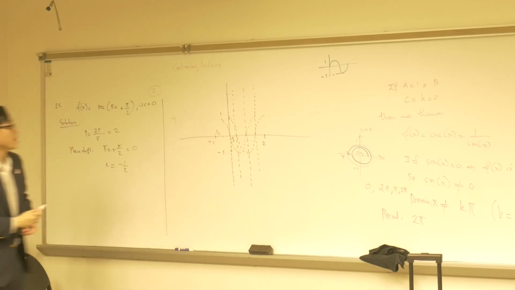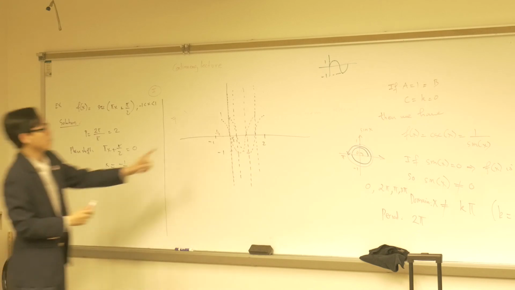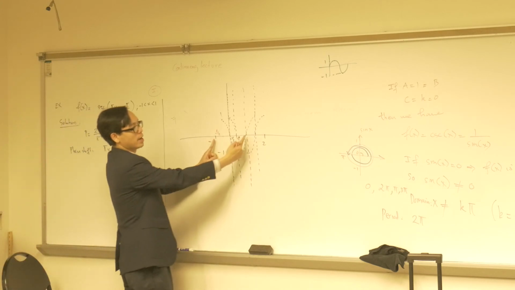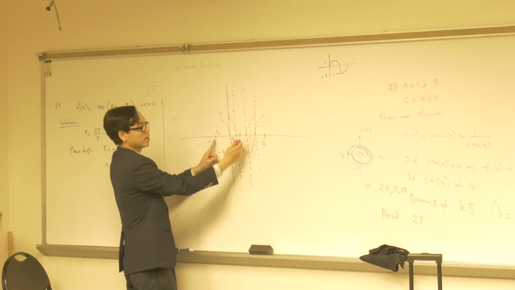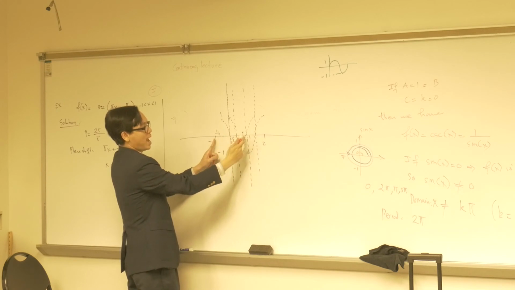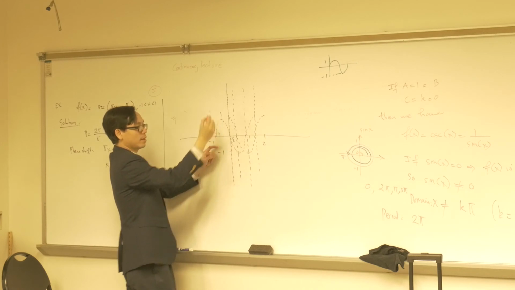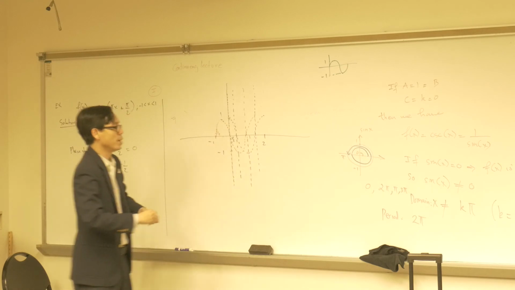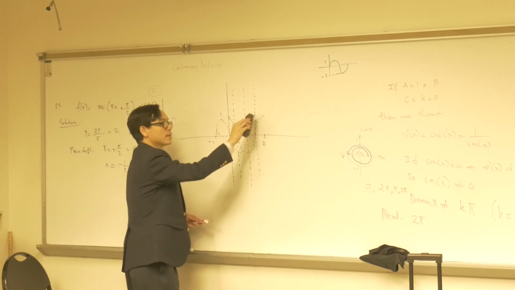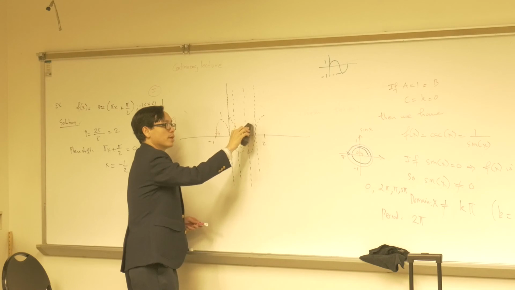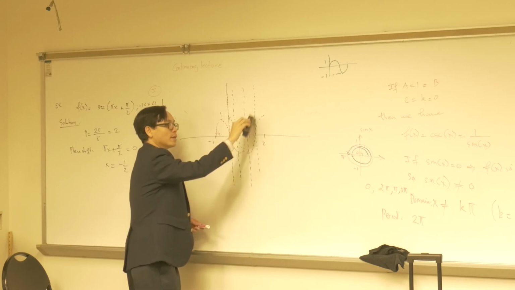I want it between right here and right here. This is 1 right here. So I have to draw another curve down here. There you go. And we want to delete this curve because we want it between -1 and 1 only.